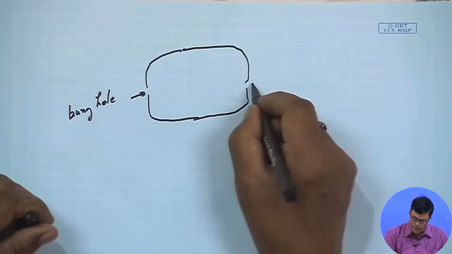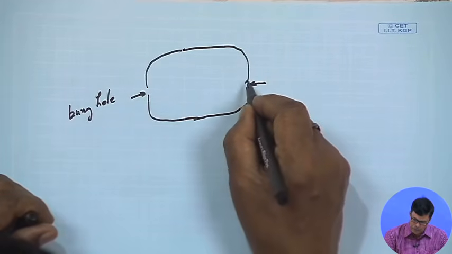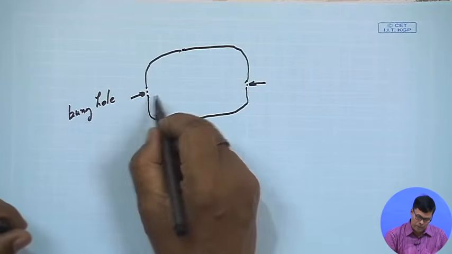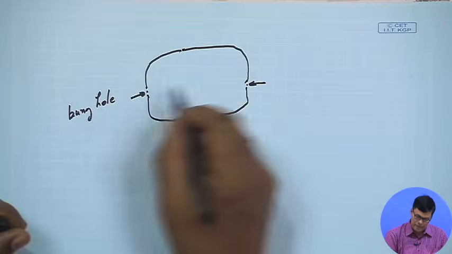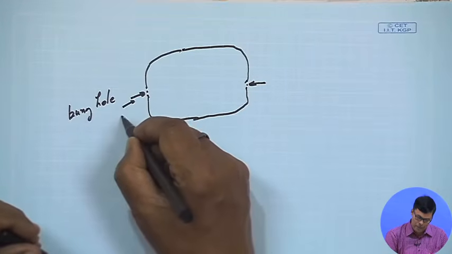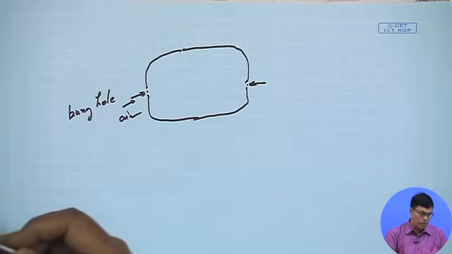This is a hole where the air goes, but we put some kind of membrane here, so that no flies and other things can enter into the system. At the same time, air can enter into the system through this.